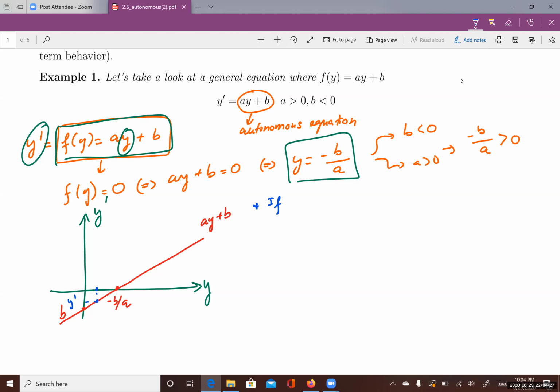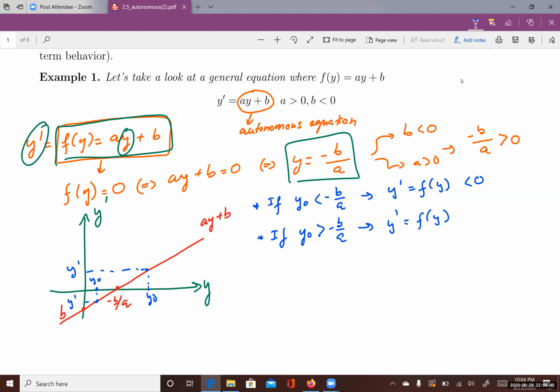Then if I pick a point y0 that is greater than negative b over a, then y prime, or f of y, will be positive. So when y prime is negative, what does it mean?